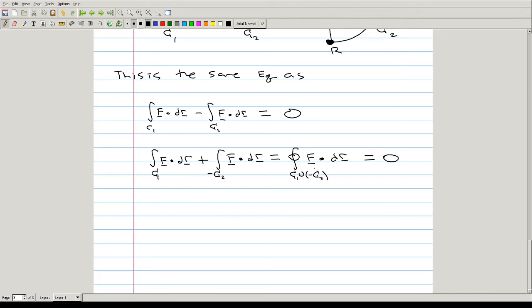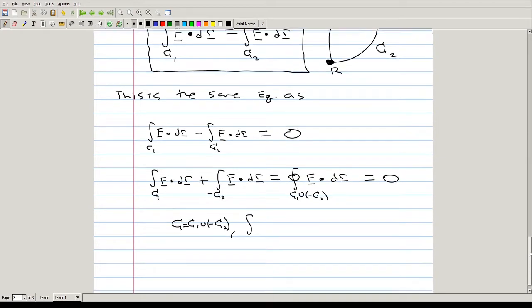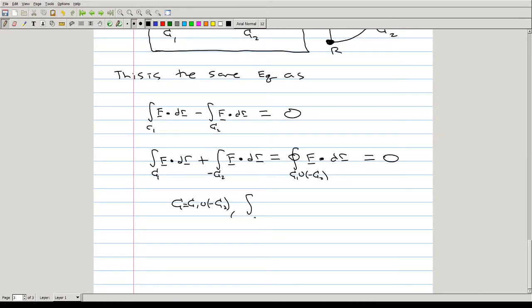So it's this closed line integral being equal to 0. Or if we call C the curve C1 union opposite direction C2, then path independence, which says that the line integral along any path has to be equal to one another, no matter what path you take to traverse R to Q, is the same thing as saying the line integral along a closed curve C, found by taking the union of C1 and negative C2, where C is a closed curve, of f is going to be equal to 0.